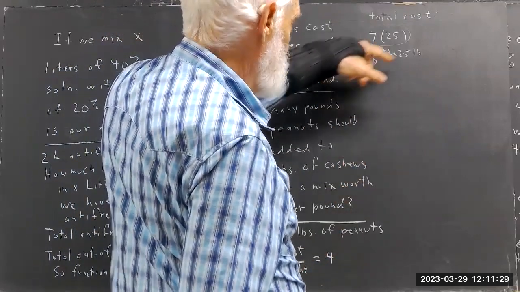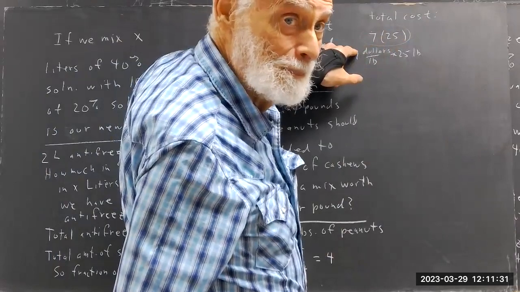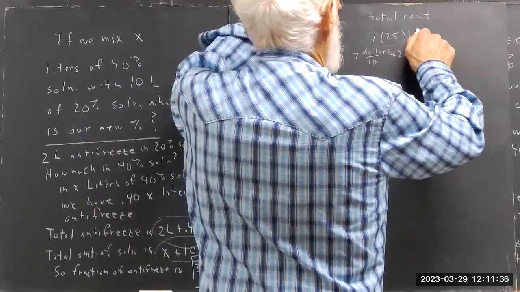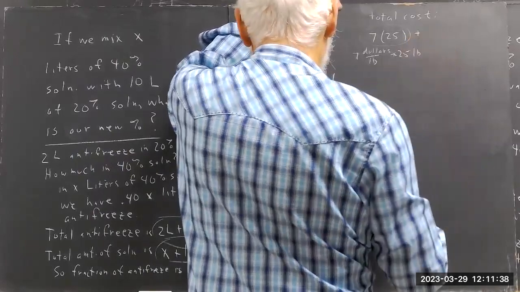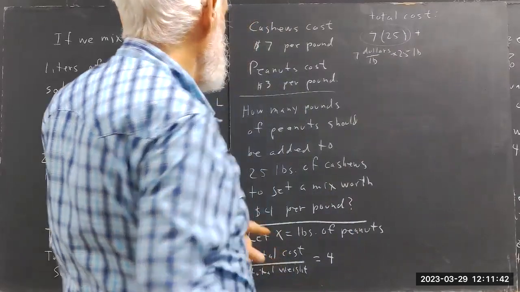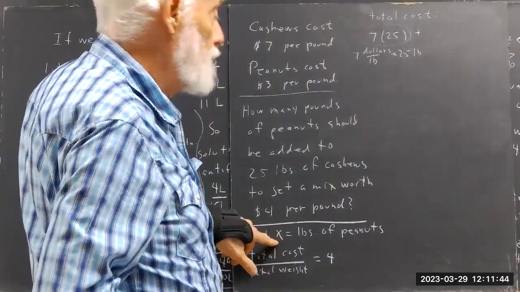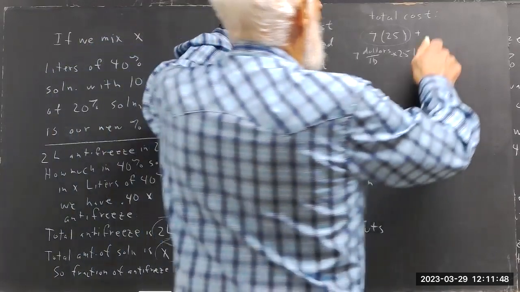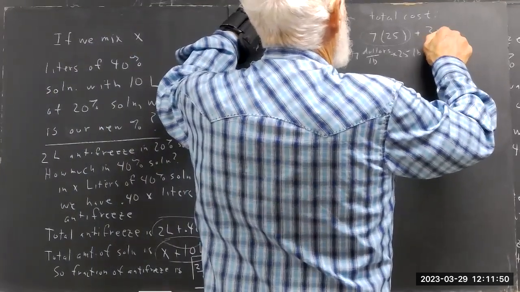Dollars divided by pounds times pounds gives you dollars. So I'm going to write it out like this. I'm not totally comfortable doing that, but I'm going to do it anyway. And then plus, you've got X pounds of peanuts at $3 a pound. That's going to be 3X.